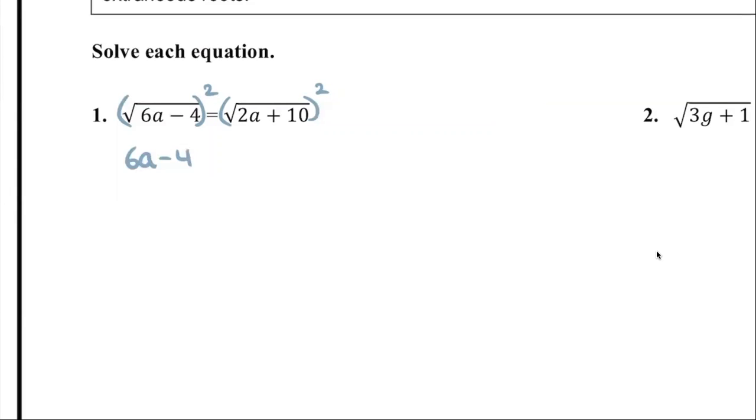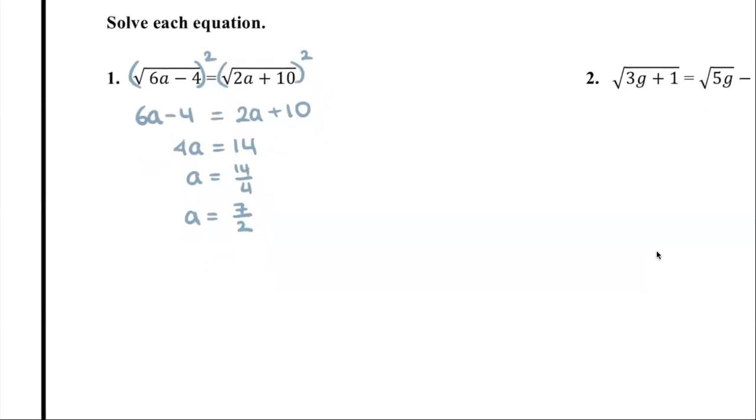And that leaves me with 6a minus 4 is equal to 2a plus 10. All right, so that's cool. Both radicals got taken care of. So I can solve for a by subtracting the 2a, adding the 4, and I get a is 14 over 4, which reduces to 7 over 2.